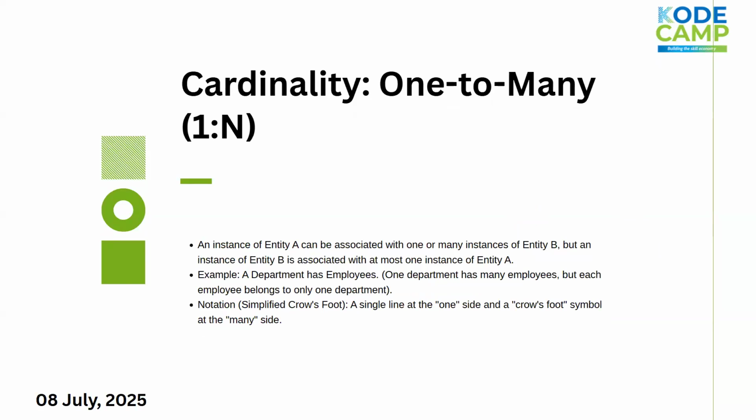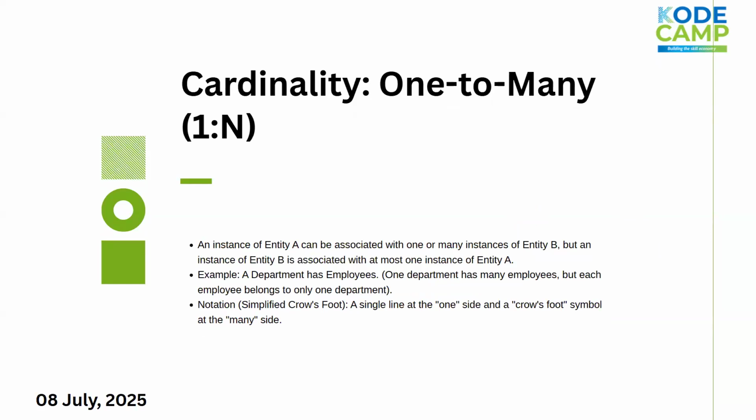One-to-many. So this is a very common type of relationship. In here, one instance of entity A can be associated with one or many instances of entity B. I'll say it again.